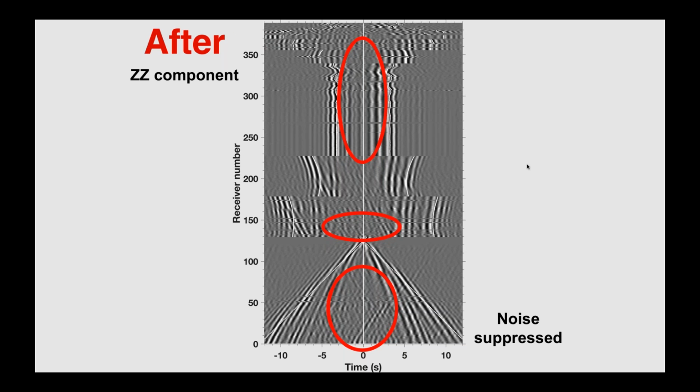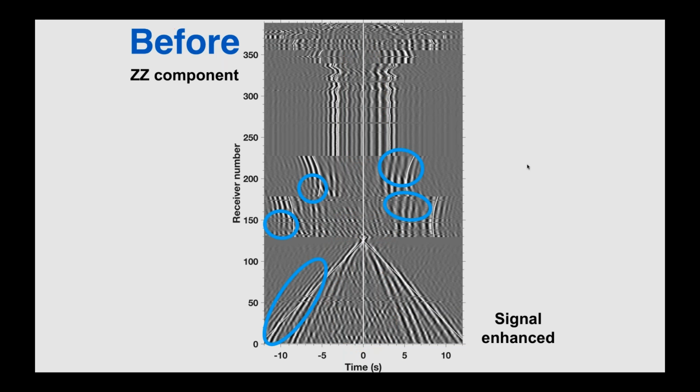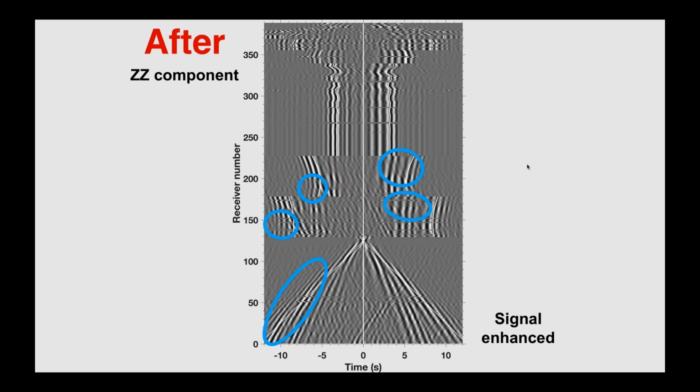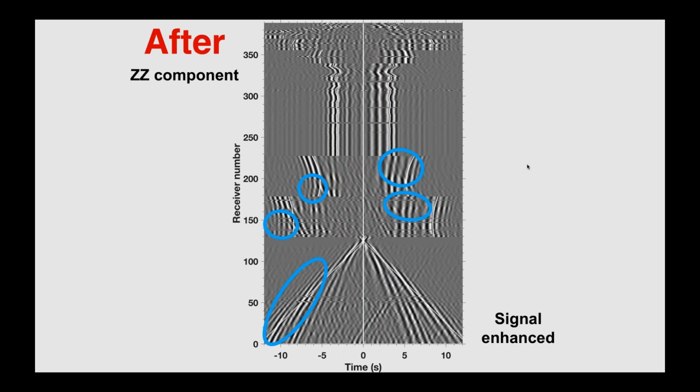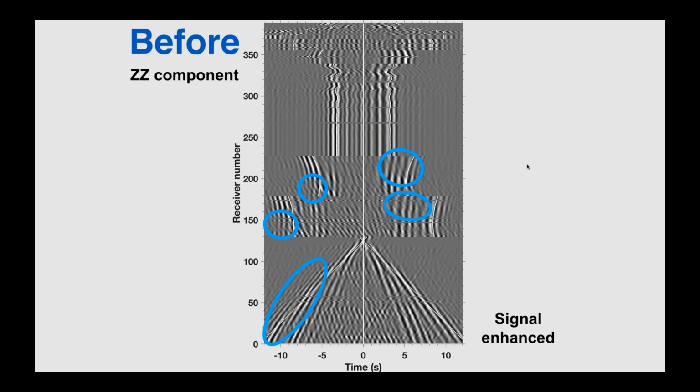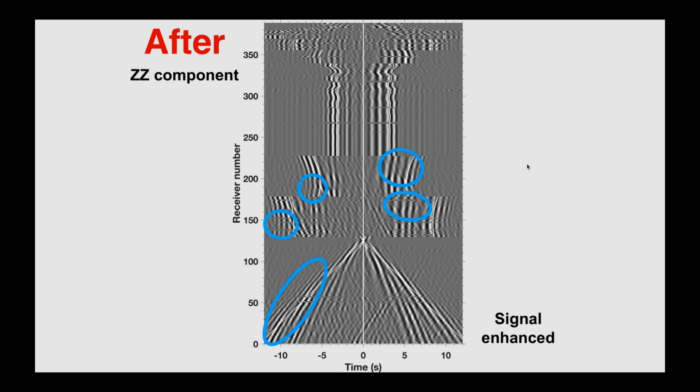So we basically reduce the unwanted noise, and also we enhance some signals inside these blue circles. And these signals are much more coherent than without the weighting function. So that enhances the reliability.